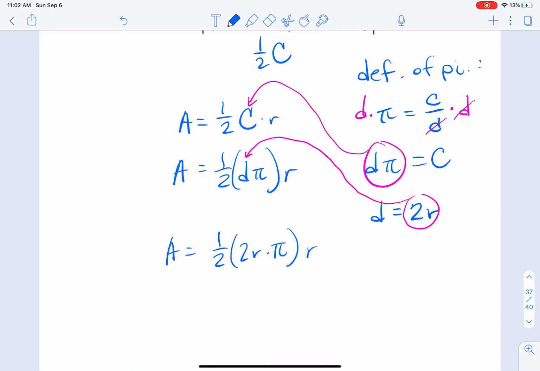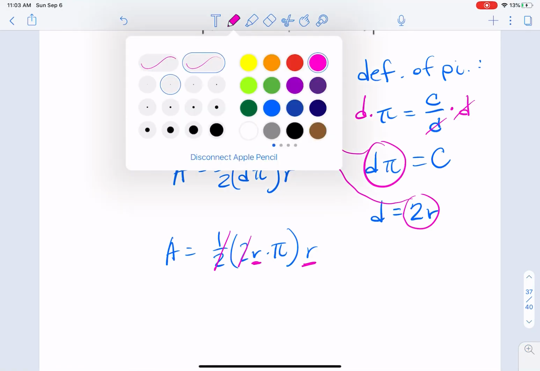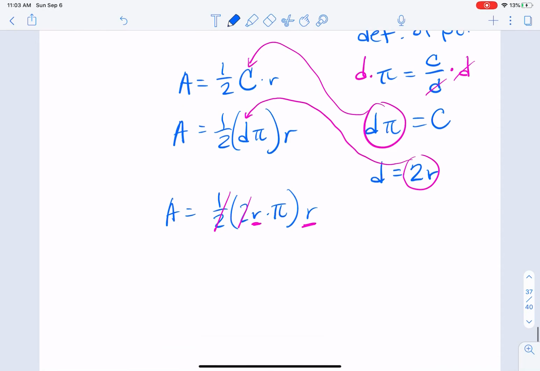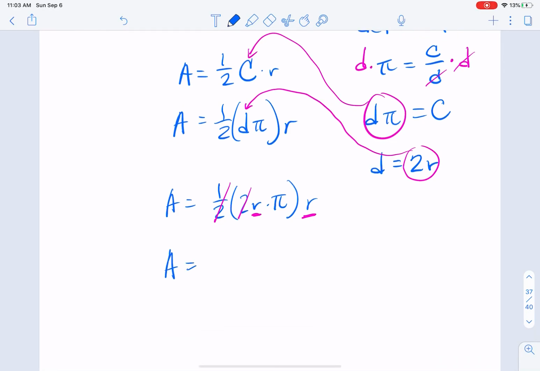Now we're getting closer. We can use the associative property and the commutative property to rearrange a few of these things. For example, I can take this 1/2 and multiply it by 2 and I get 1 and it disappears. Then I have my r multiplied times this r to make an r squared. And finally, we see the area formula as pi times my radius squared.